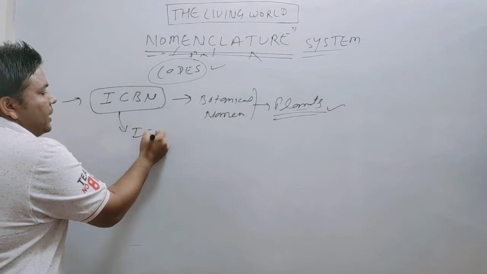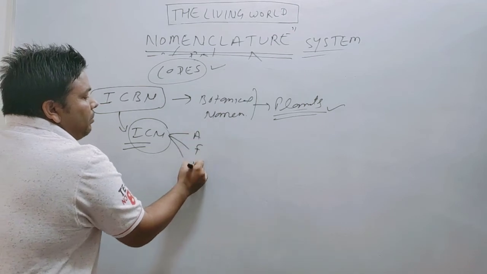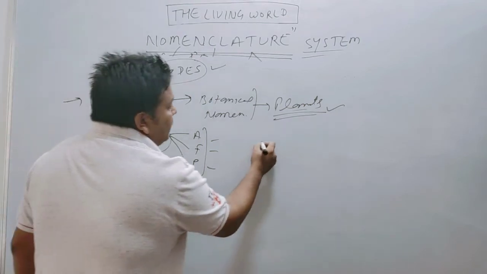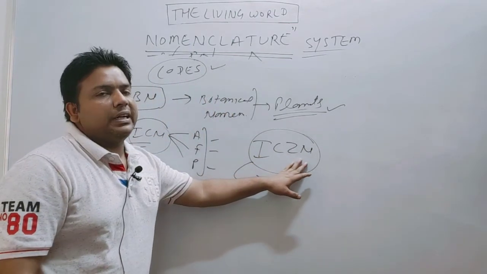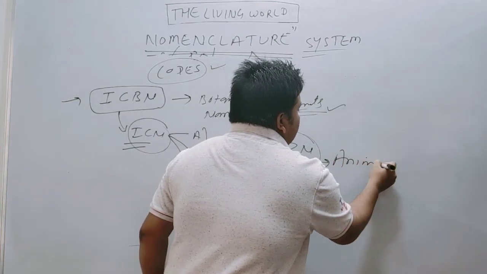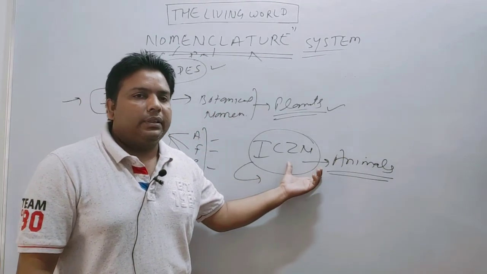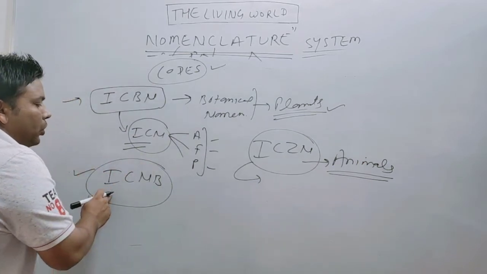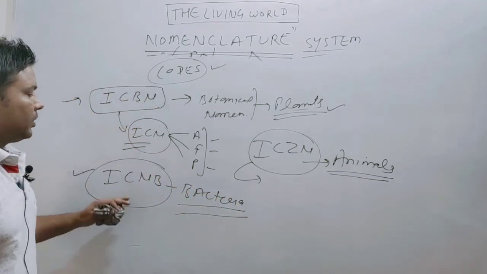Nowadays this is changed and named as ICN, International Code for Nomenclature of Algae, Fungi and Plants. ये चेंज होकर ICN आजकल हम इसको बोलते हैं. एक होता है ICZN, one more thing is ICZN, International Code for Zoological Nomenclature. इसमें एनिमल्स के लिए जो नेमिंग करी जाती है, नोमेनक्लेचर जो दिया जाता है, ये गवर्न करता है. इसके अलावा और भी हैं, जैसे ICNB, इंटरनेशनल कोड फॉर नोमेनक्लेचर ऑफ बैक्टीरिया. ये बैक्टीरिया के नोमेनक्लेचर के लिए गाइडलाइंस देते हैं, ठीक है ना.